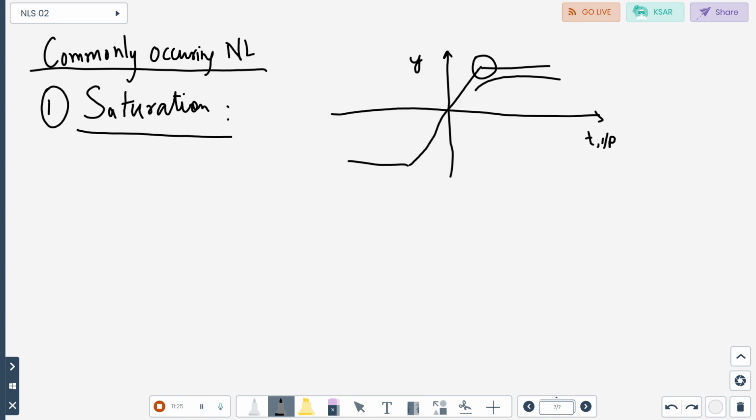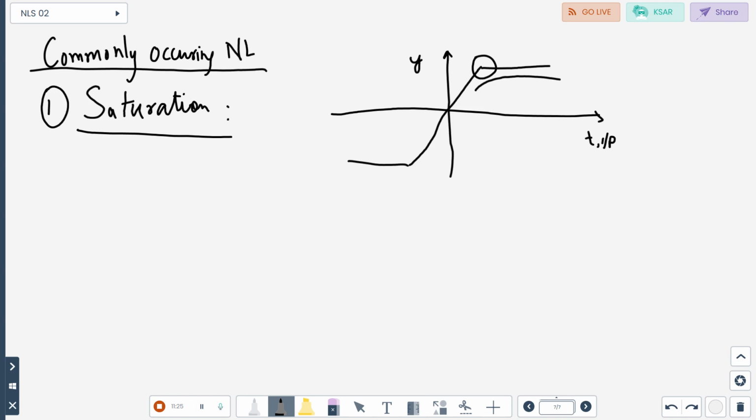It can also be taken as shown here. The saturation can occur only in the first quadrant, or for the same system it can also occur in the third quadrant as well.